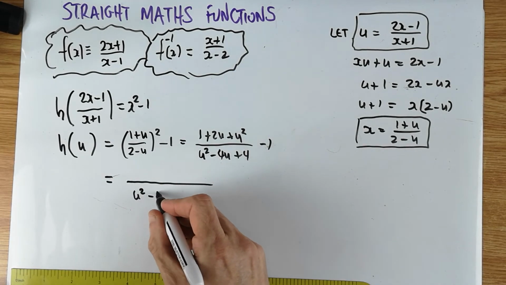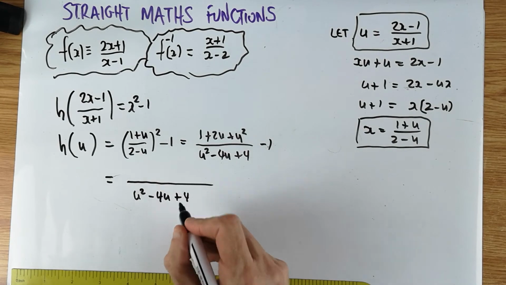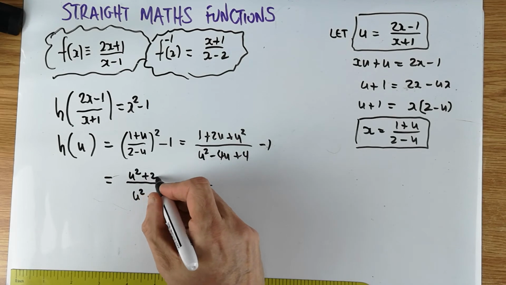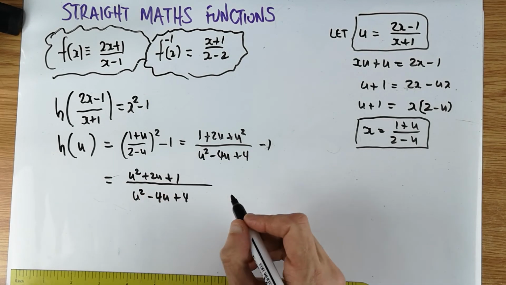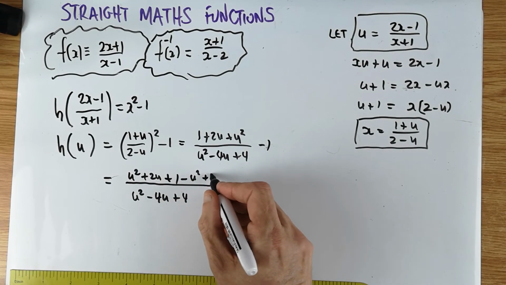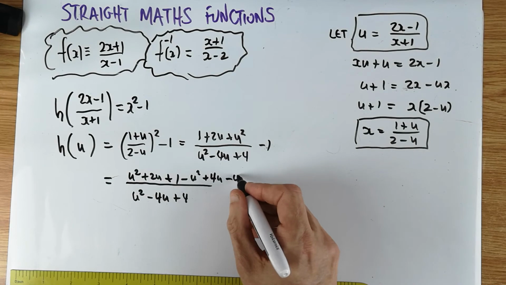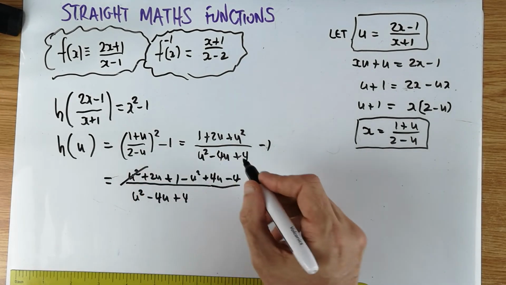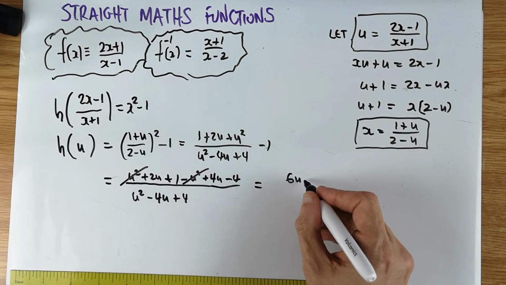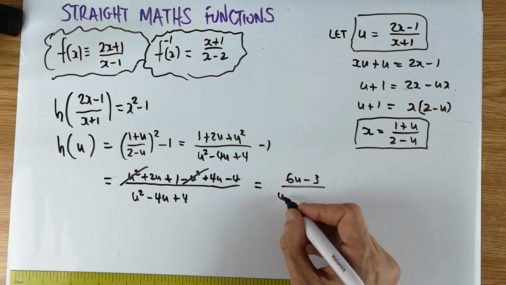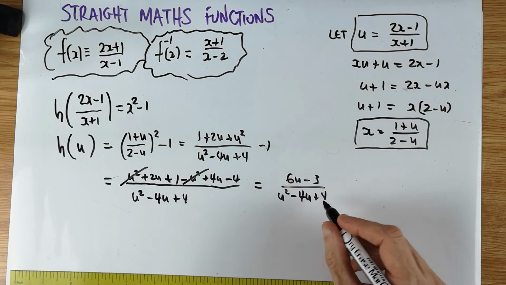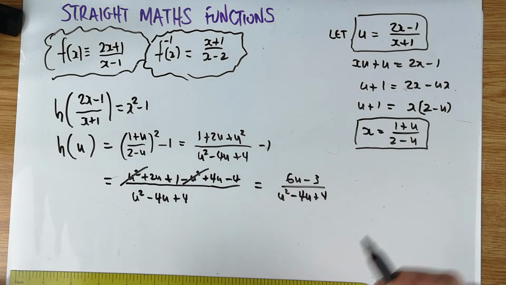So we got u squared minus 4u plus 4, and on the top of that, we will have u squared, I'm writing that bit first, plus 2u plus 1, minus all of this, which is going to be minus u squared plus 4u minus 4. The u squareds will cancel, and I'm going to end up with 6u minus 3 over u squared minus 4u plus 4, which again we can write as (2 minus u) or (u minus 2) all squared, but we can leave it like that.